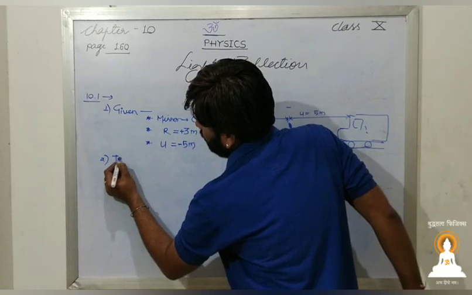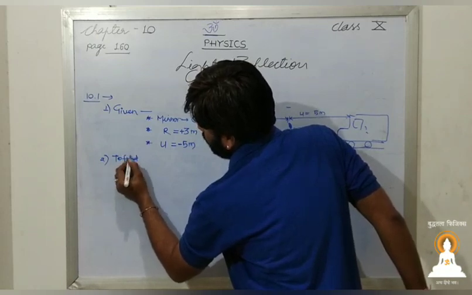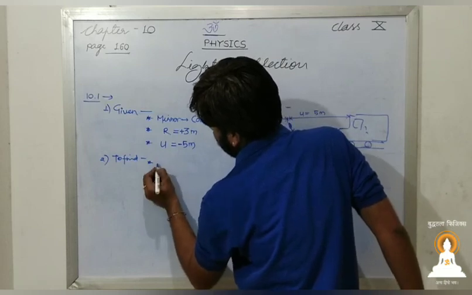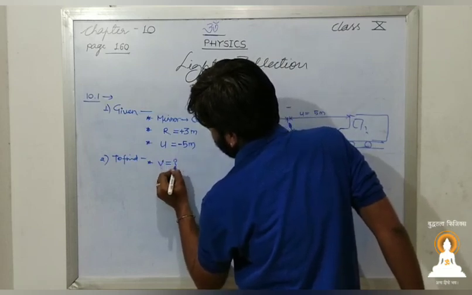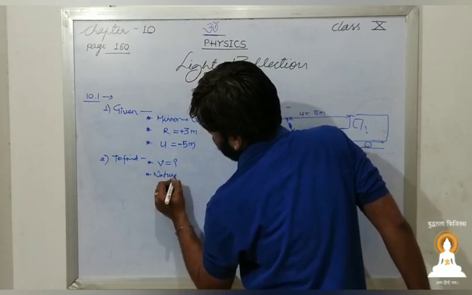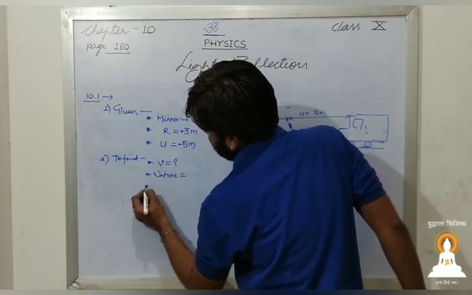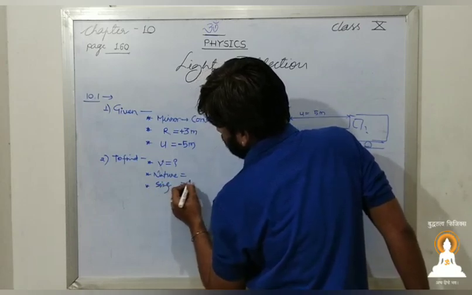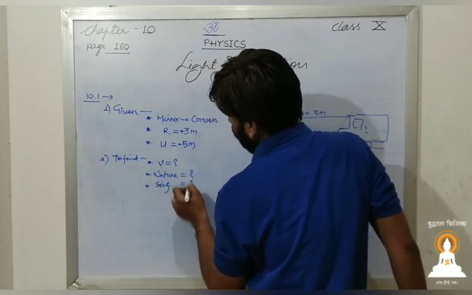Next is to find. What to find? The position of image, the nature of image, and the size of image. These three things we have to find.